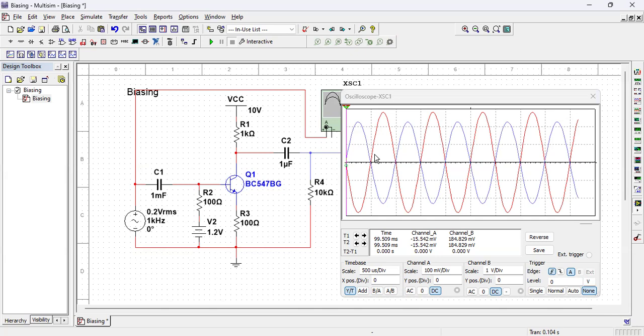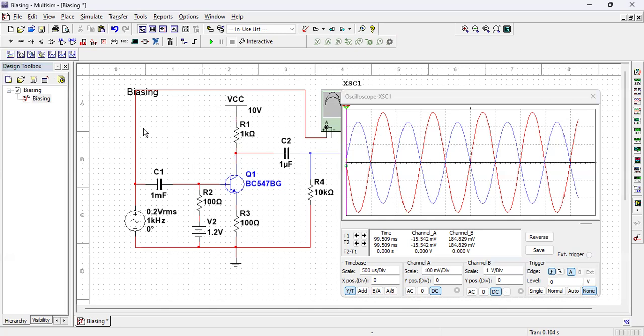This 180-degree phase reversal is the basic property of a transistor. The reason I have already explained, because when the signal increases, potential here decreases. And when the signal is negative, potential here increases.